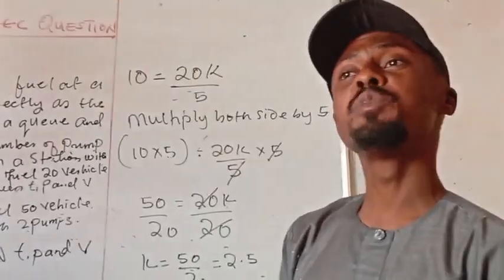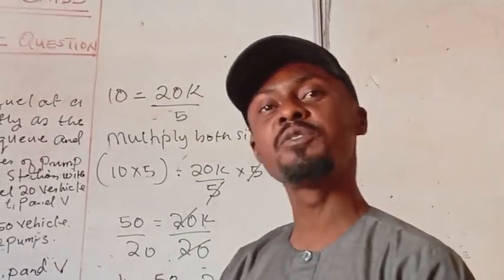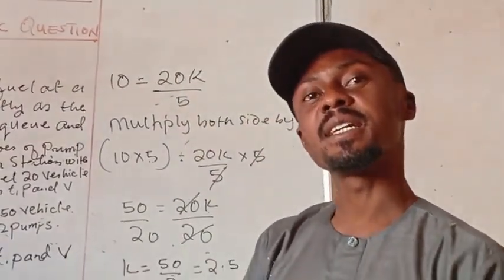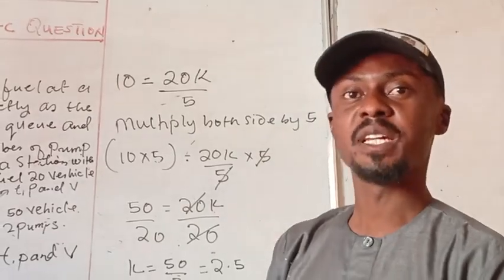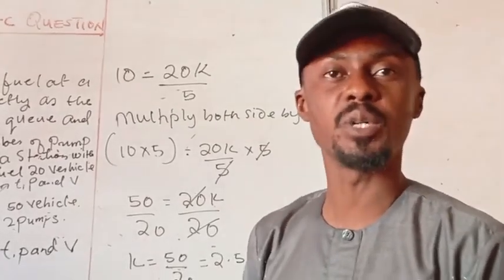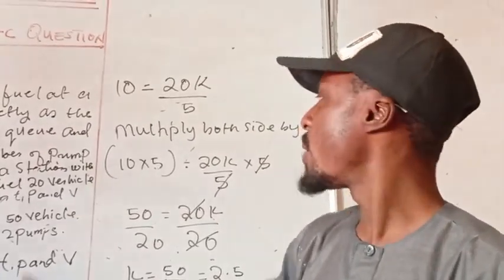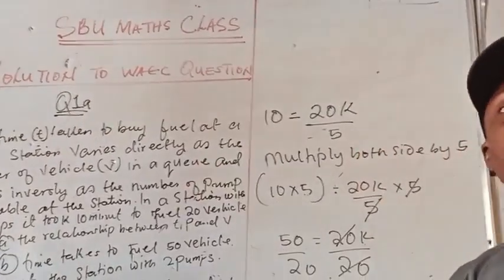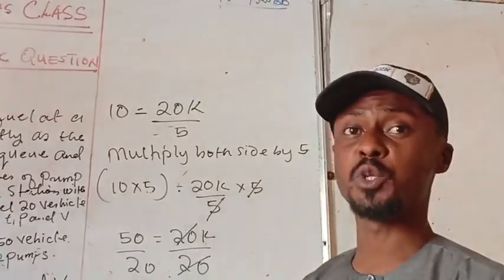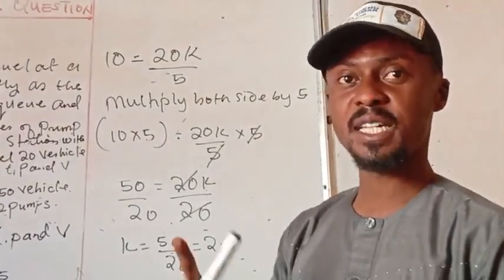As you are fueling the vehicles, the time is running. Therefore, there is a relationship between the time, the number of pumps, and the vehicles themselves. Based on this question, we should first write the relationship between T, V, and P.